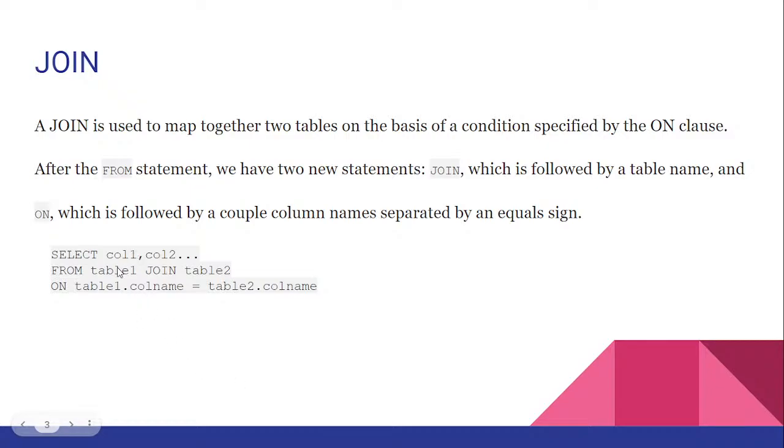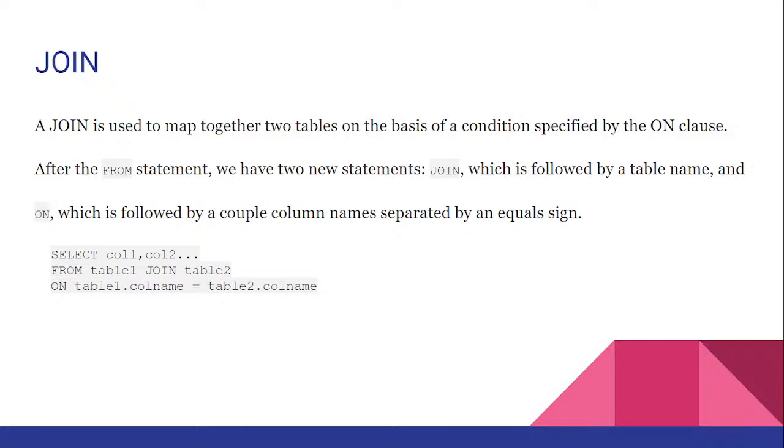The syntax is to give table 1, then the keyword join. As I specified in the previous video, today we'll just be dealing with the from clause. Till now we were certain where our data was present. Now we need to get data from multiple sources.